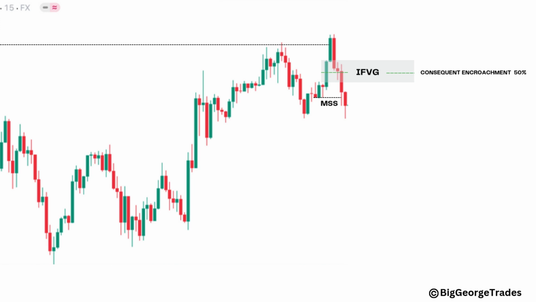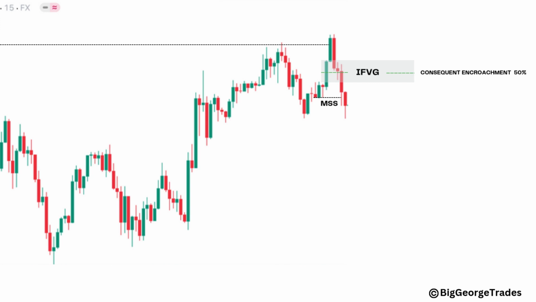So at this point, we are looking for an IFVG. When you look at the left side of the marked level, you see that there is this fair value gap, the CE model, which price disrespected and broke down, creating the market structure shift. Then it gave another fair value gap, that is the IFVG. Here we'll be taking our trade.